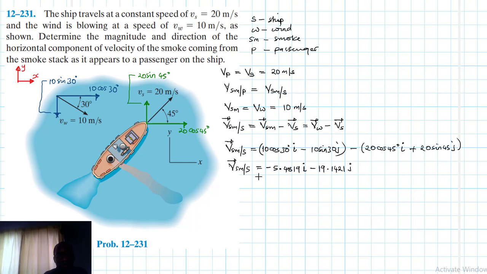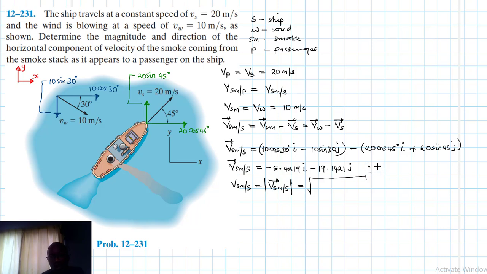So we can find the magnitude. The magnitude of V_SM/S is just the square root of the sum of squares.